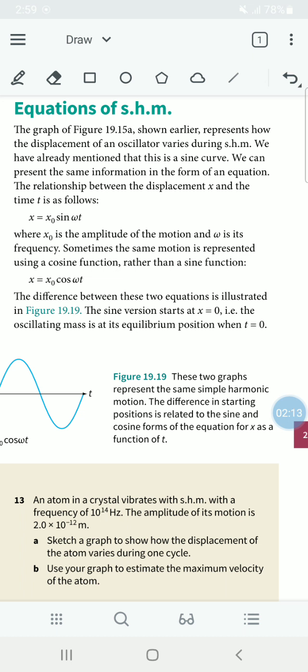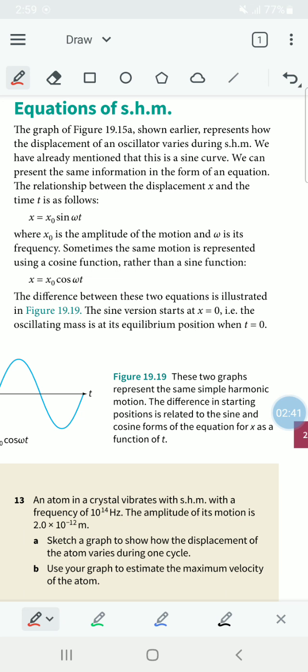right? We can use the same thing. The same motion can be represented using a cosine function without using the sine function. x equals xo cos omega t. Now you will see that in both of these, the only difference is sine and cos changing.